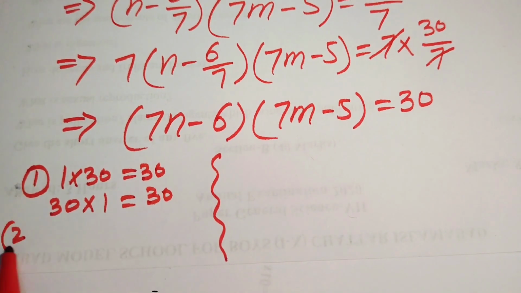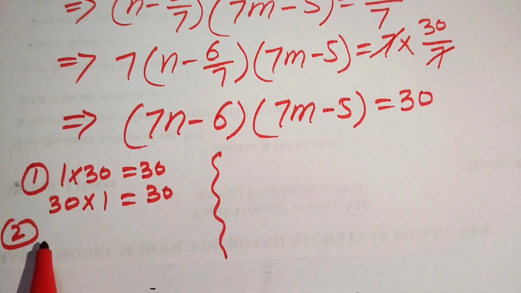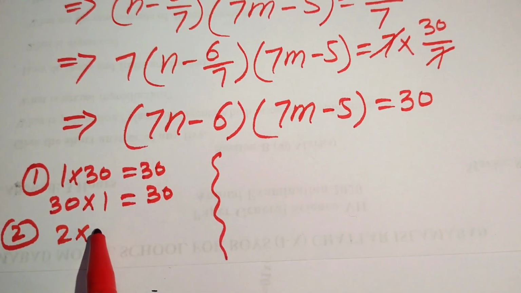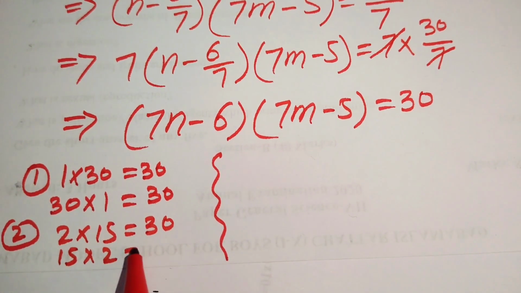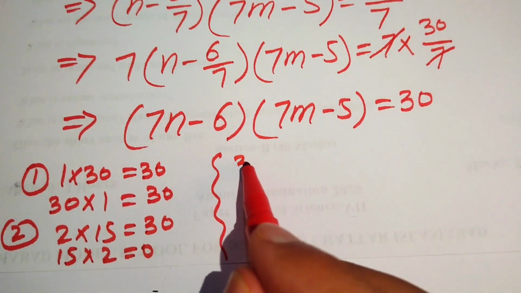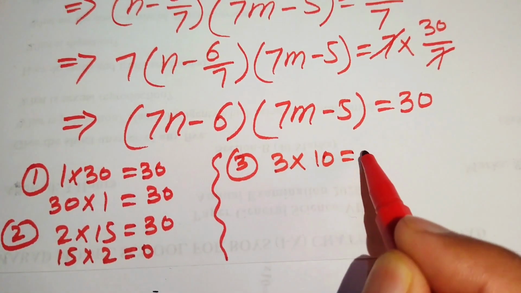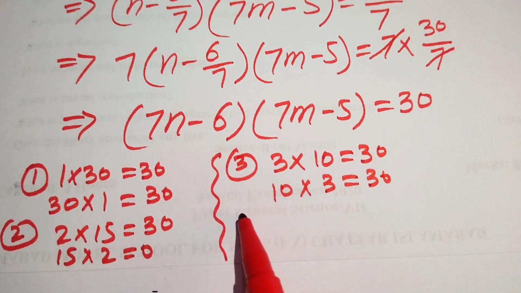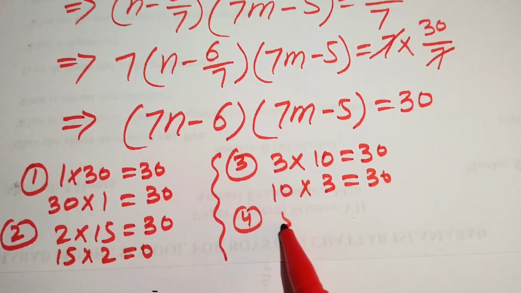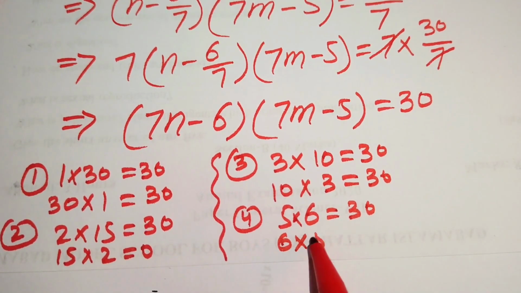In the second case, we have 2 times 15 equals 30, and 15 times 2 equals 30. In the third case, we have 3 times 10 becomes 30, and 10 times 3 becomes 30. And in the fourth case, we have 5 times 6 equals 30, and 6 times 5 is also equals 30.